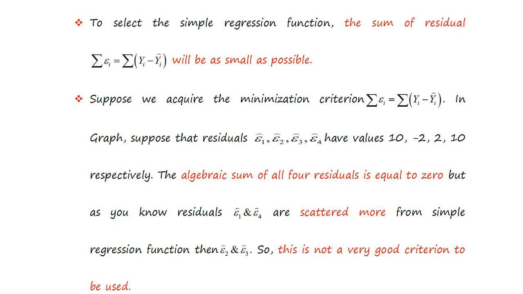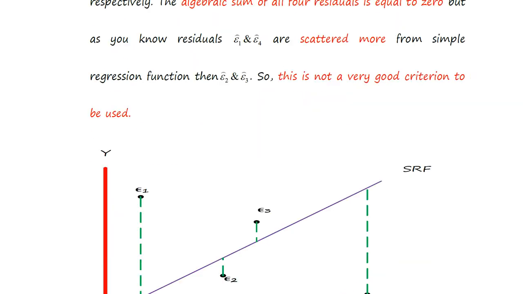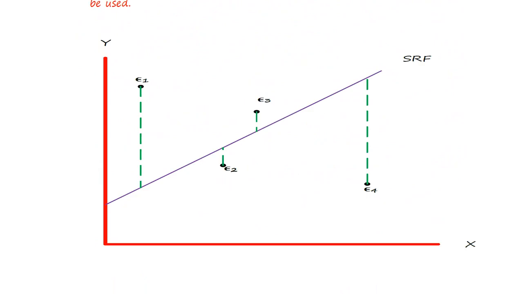The observations above the straight line are represented by a plus sign and below the straight line by a minus sign. So on the graph, error terms epsilon 1, 2, 3 and 4 have the values 10, minus 2, 2, minus 10 respectively. The algebraic sum of all four values is equal to 0.